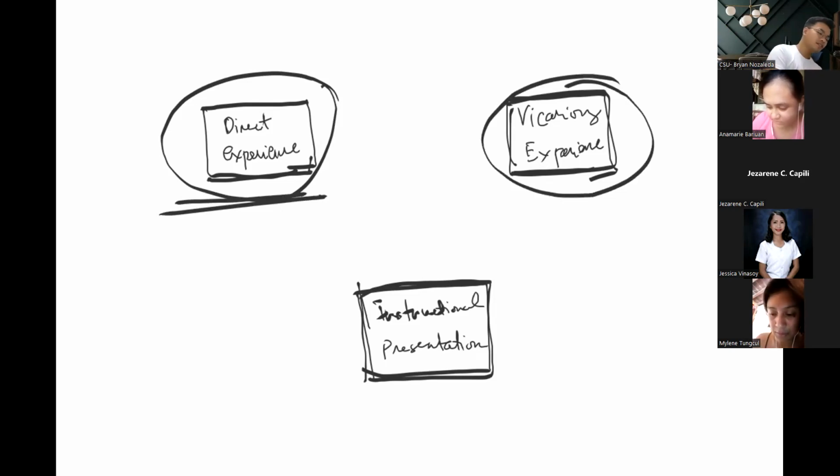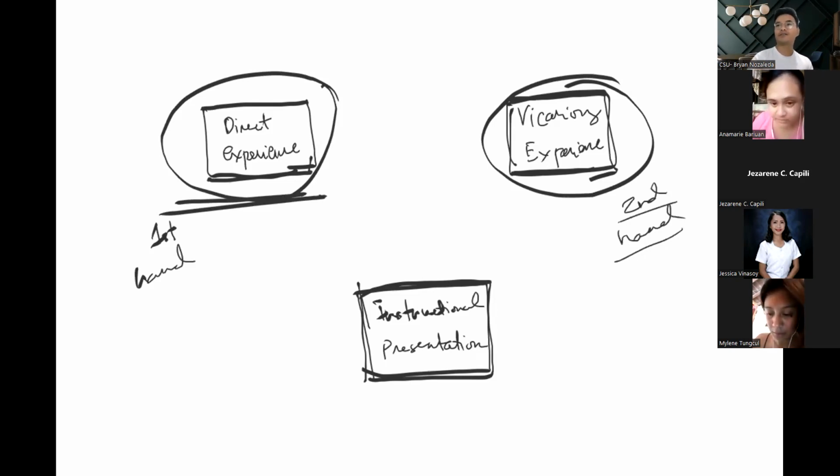In other words, this is a first-hand experience, while the other one is a second-hand experience. All right. So learning from others is what we call vicarious experience. When you learn through observation, okay, vicarious yan. Pero kung ikaw mismo ang nandun, we call it direct experience.